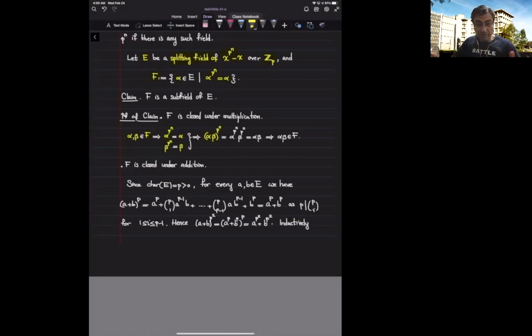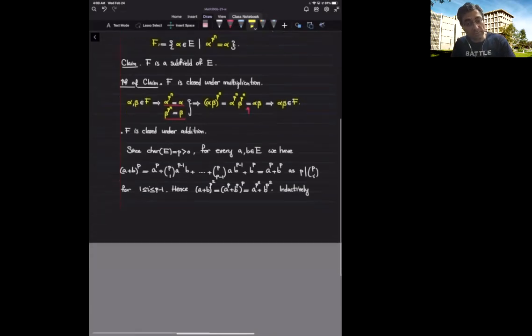Because it's a commutative ring, it is the same as alpha raised to this quantity times beta raised to this quantity. But because of the equalities that we have over here, I can deduce that it is alpha times beta. So alpha beta to the power p to the n is alpha beta, which means alpha beta belongs to this set as well. So this shows that it is closed under multiplication.